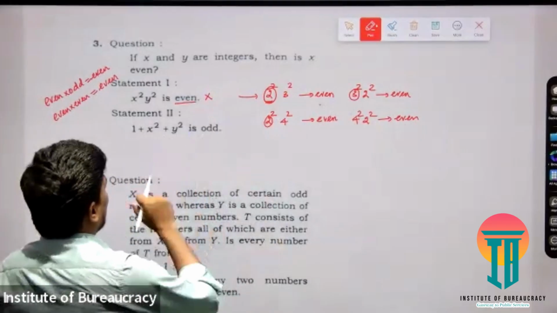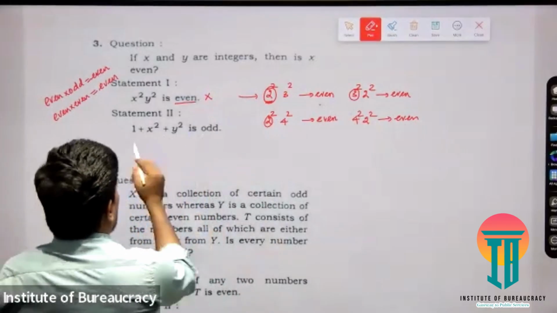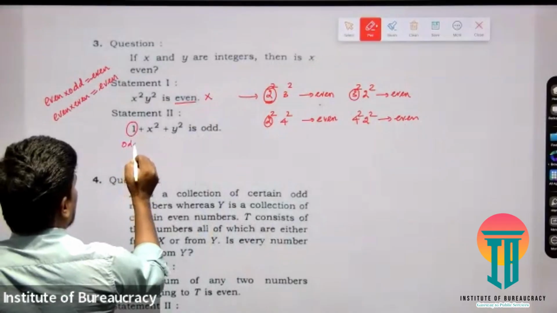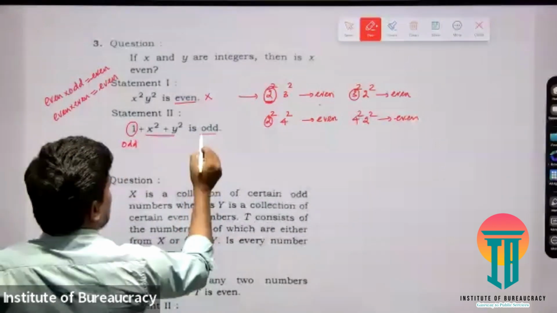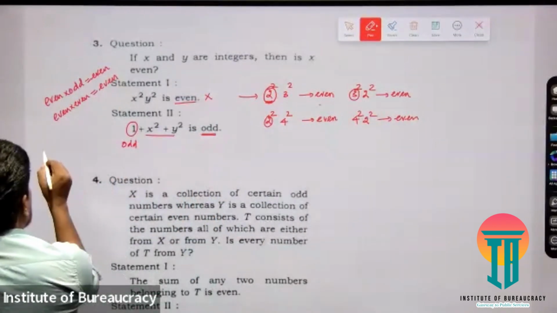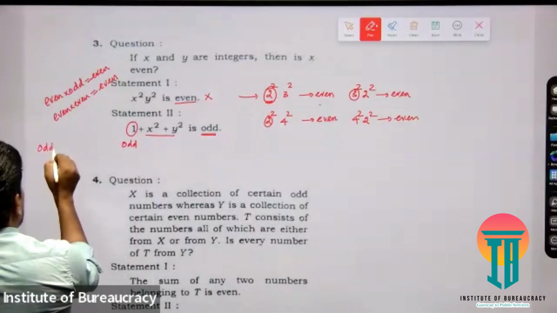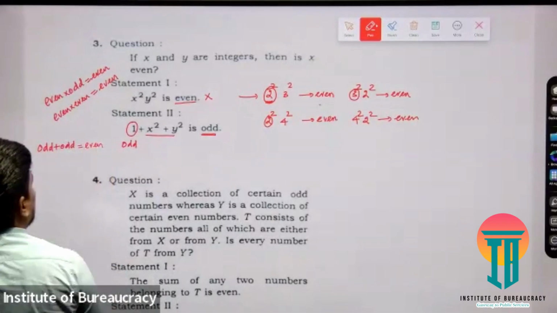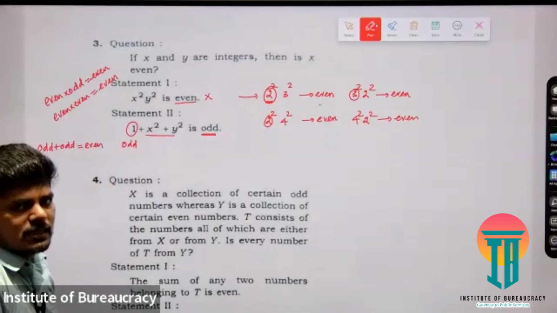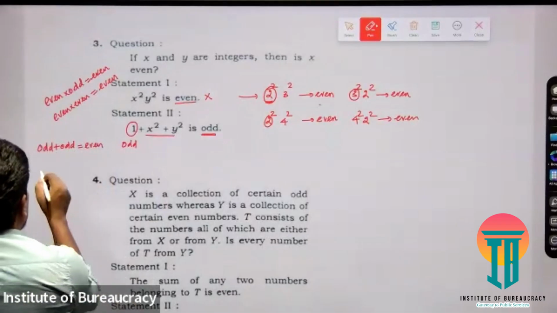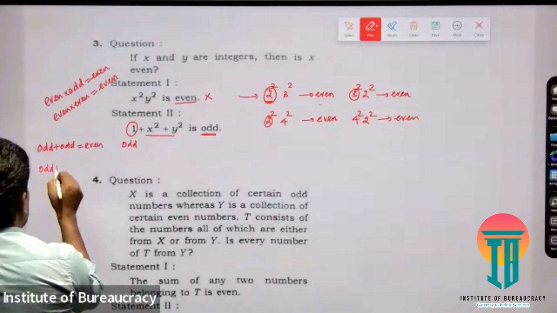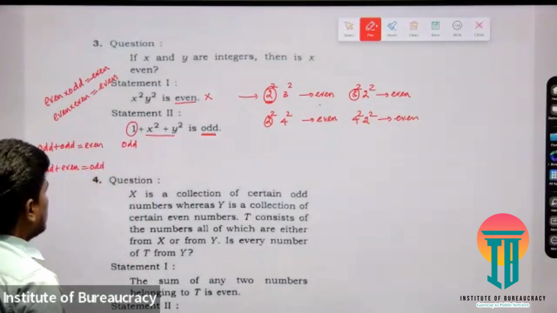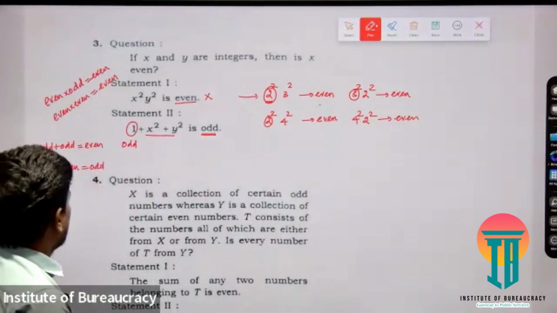Using the second statement, can I answer? Now it is in addition. So you have 1, which is an odd number, and the final answer needs to be odd. When it comes to addition, odd plus odd is even, like 3 plus 5, 8. But odd plus even is odd.